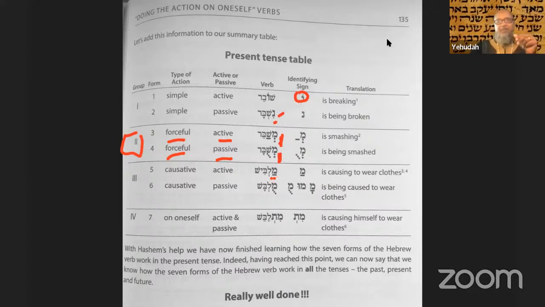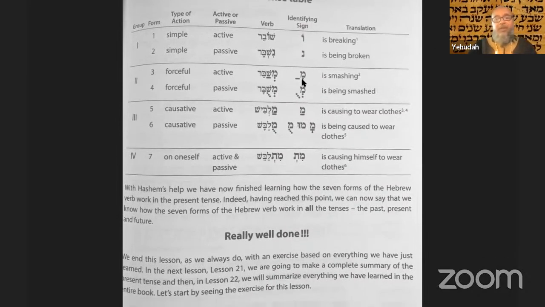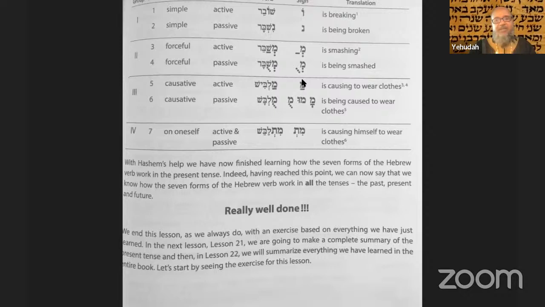For me, that was a tough one because I was never taught that in English. Like you can be the cause of something versus it just happening, or you can be the reason behind it, the causation of it. And then, of course, what we've been learning over the last, I think, 2 weeks is group number 4, which deals with the 7th stem, which is just adding this on. And this is in the present tense.